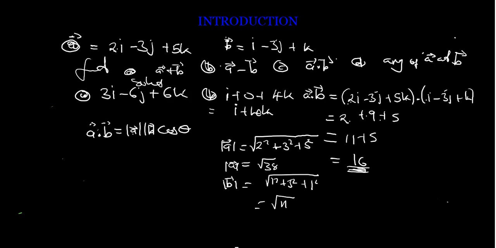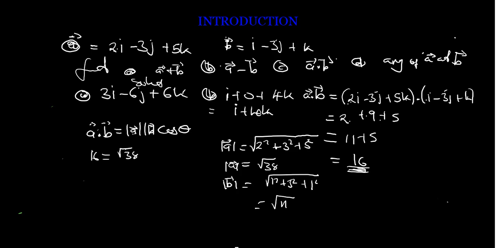So since this is root 11, what are we going to do? Using this rule here, remember we found 16 as the dot product. So write 16 is equal to the resultant of A, which is root 38, times the resultant of B, which is root 11, then cos theta. That's how we can find the angle between those vectors.